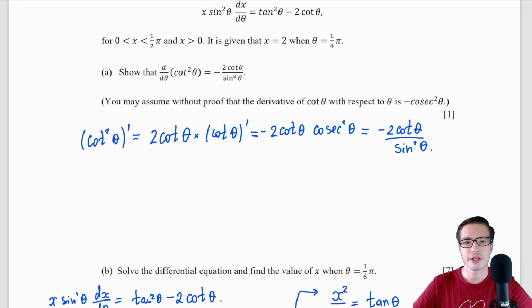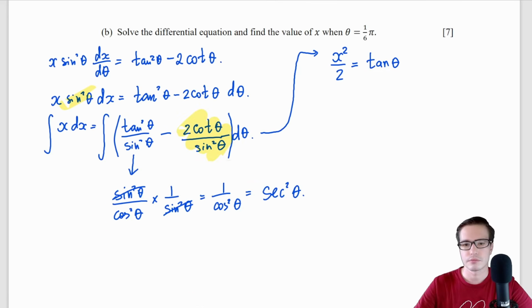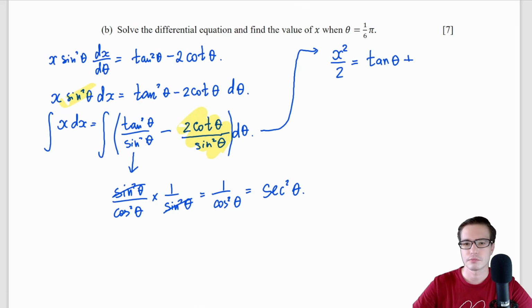And if you think of integration as the opposite of differentiation, you might notice that the integral of the fraction should be equal to cotangent squared theta. And now don't forget the c.